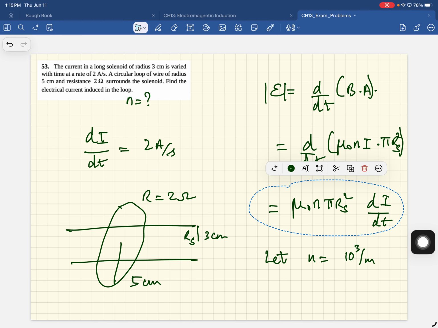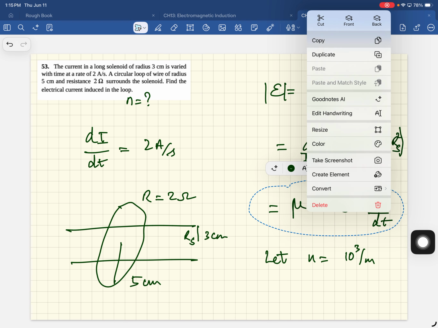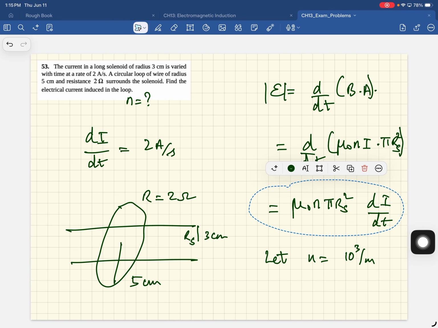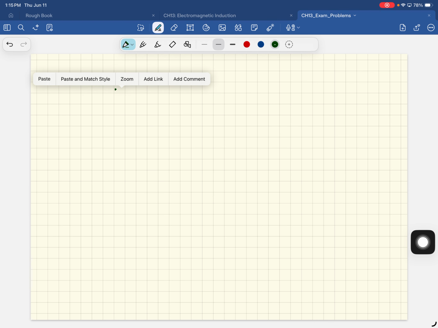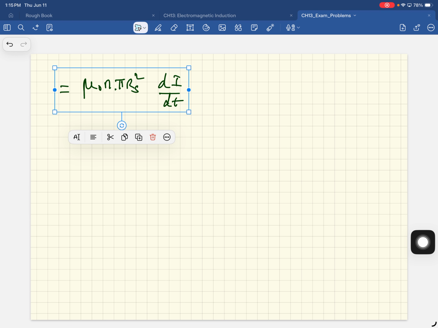That's 10 to the minus 4, so that makes it 300. So E max is 300.